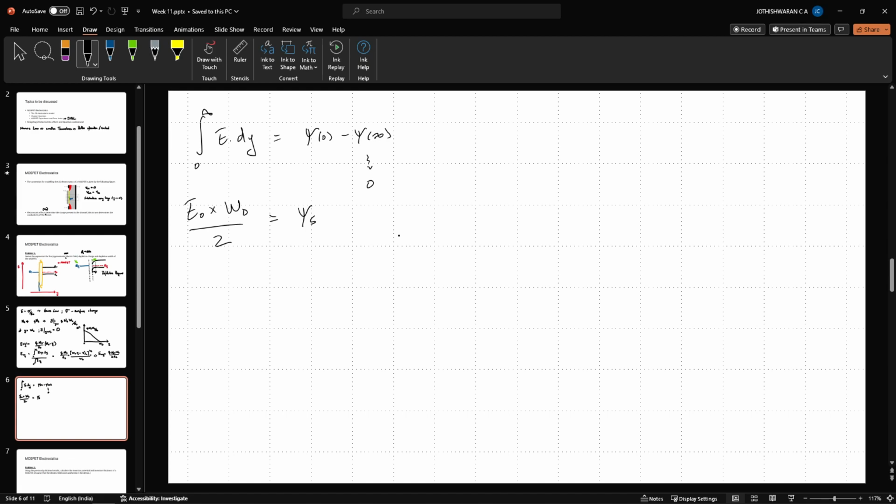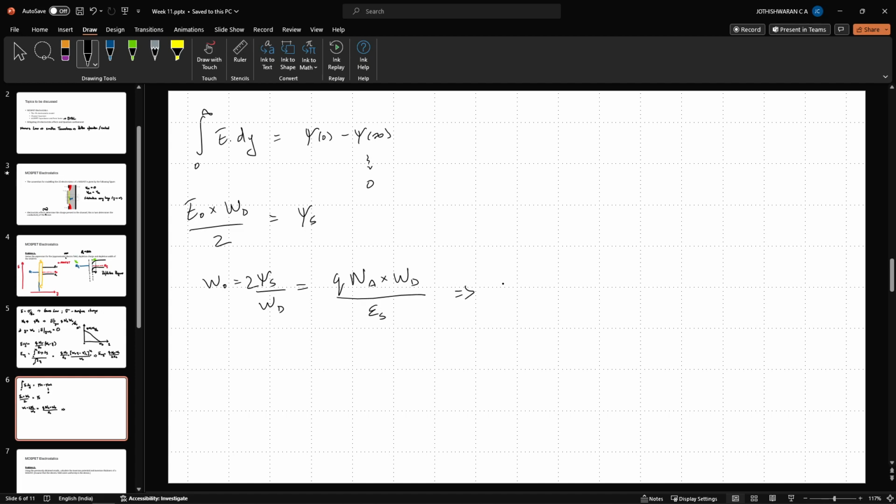Now we can write what the depletion width is, because now we have two equations. So let me write E naught is equal to 2 psi s by WD, which is also equal to Q times Na into WD divided by epsilon s.